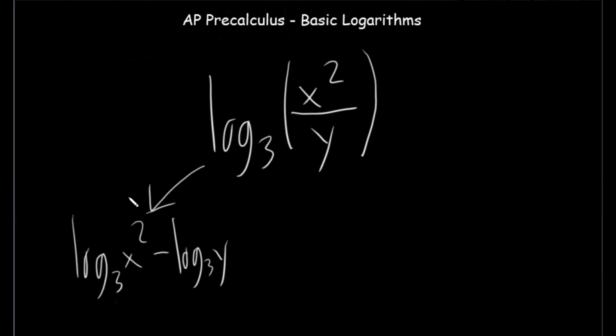And then if we remember the power rule, we can actually move the exponent in front of the log to get us 2 log base 3 of x, erasing the exponent from the entire situation. And that would be your final answer.